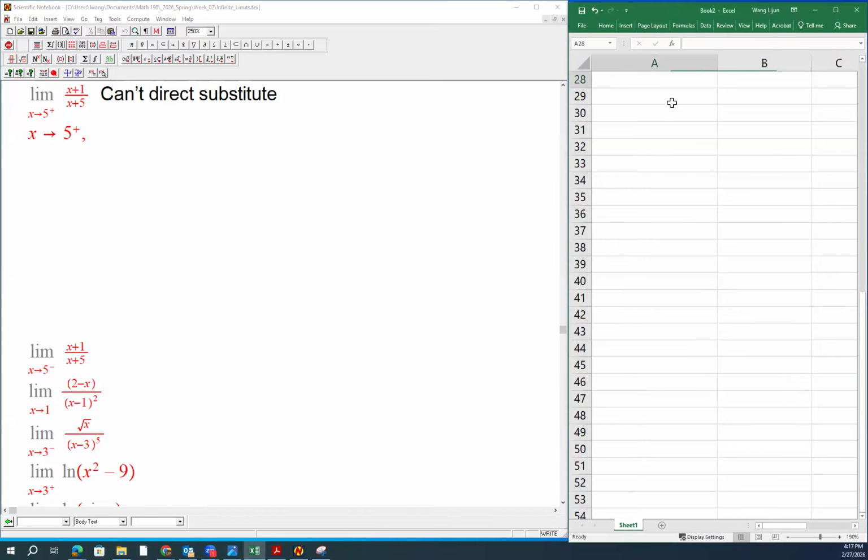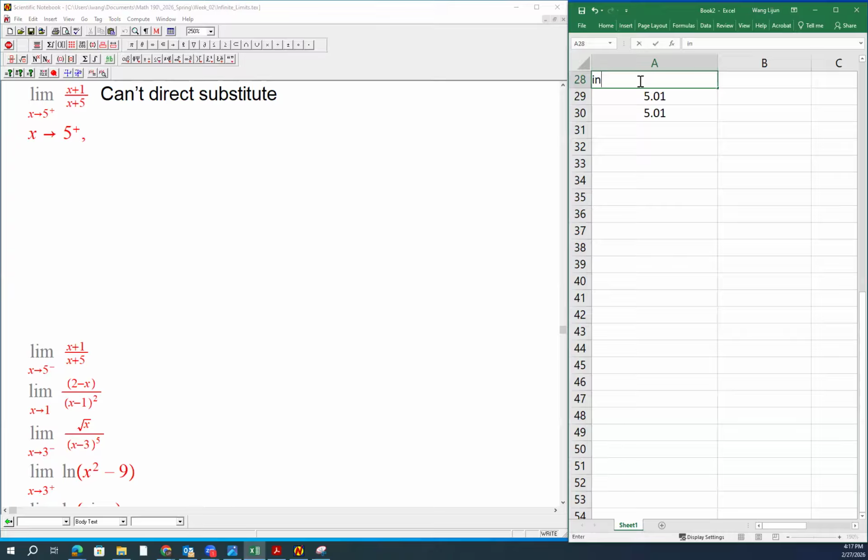When we think of a number larger than 5 and approaching 5, that's the input. So you'll be thinking of 5.1, which is pretty close to 5, and 5.01 is even closer to 5, but they're larger than 5, right?